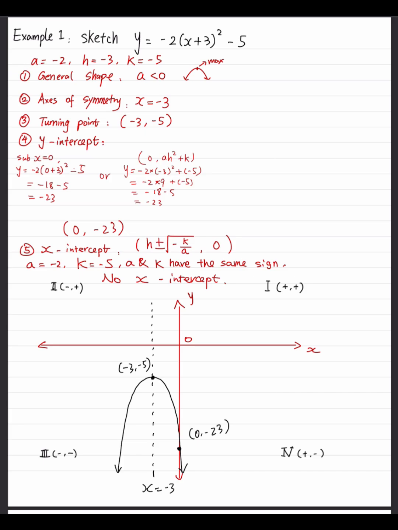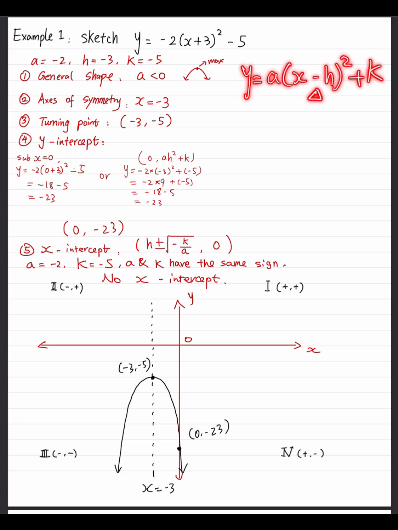Firstly, we need to identify what a, h, and k are. In this case, a is negative 2. H, remember, is not positive 3, but negative 3. Recall that the general formula here is y equals a (x minus h) squared plus k.